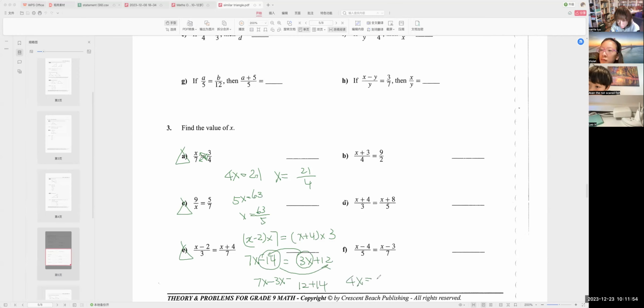So 4x equals 26, x equals 26 over 4, which is 13 over 2. Get it, Violet? Get it, Evan?